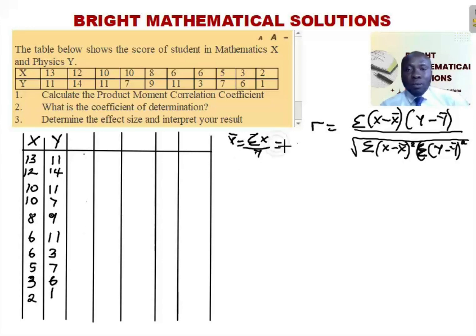So summation X is 75. What is the total number of values we have? 1, 2, 3, 4, 5, 6, 7, 8, 9, 10. So our frequency is 10, and X bar equals 7.5.